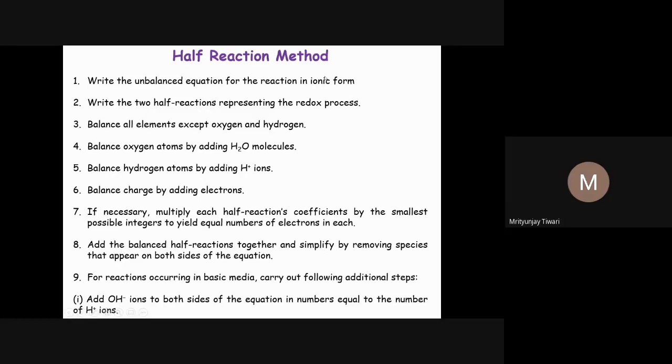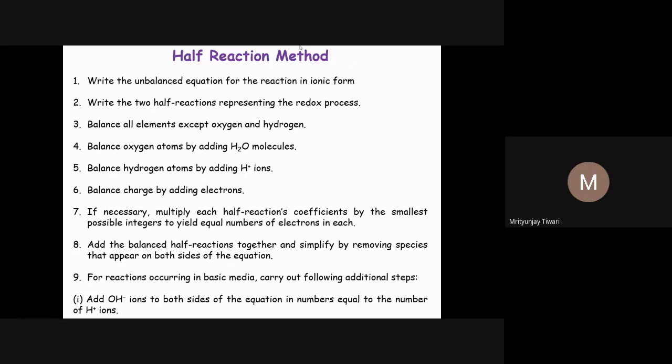In the half reaction method, as I described last time, you first find out the redox reaction. Finding out the redox reaction means you have to recognize which species is getting oxidized and which one is getting reduced. Based on that recognition, that this species is getting oxidized to this species, and this particular species is getting reduced to that species, you can divide the entire reaction into two halves.